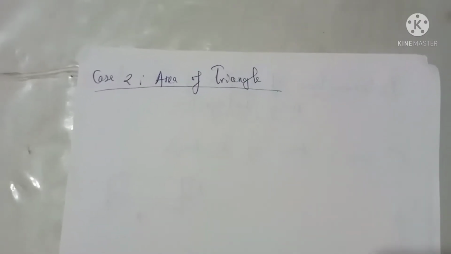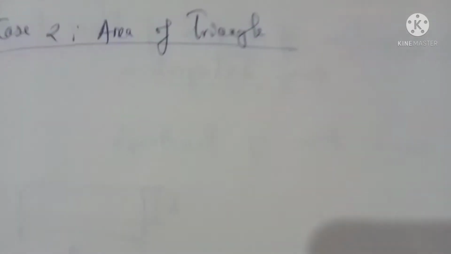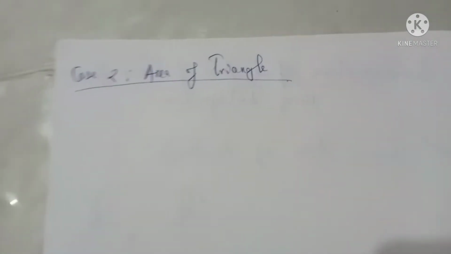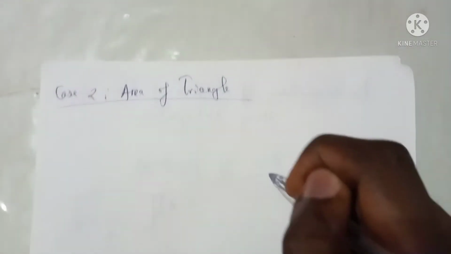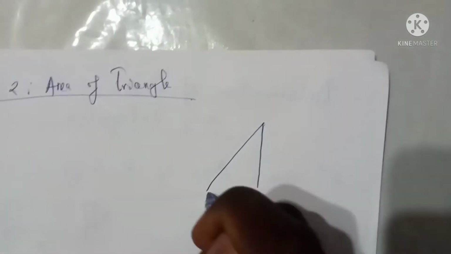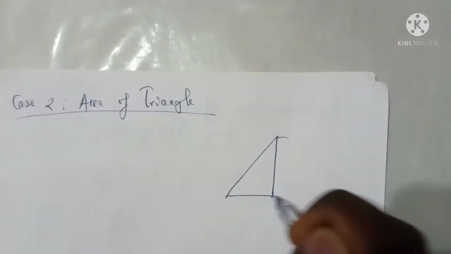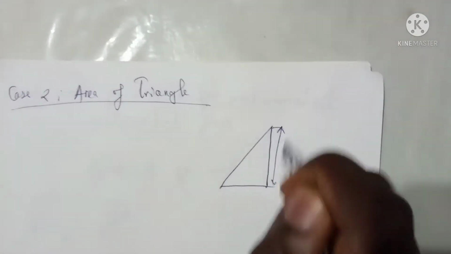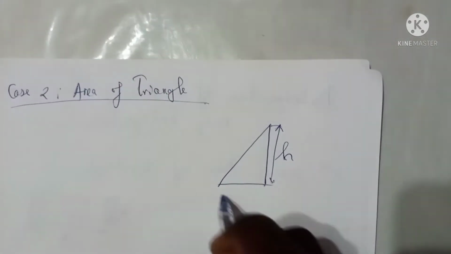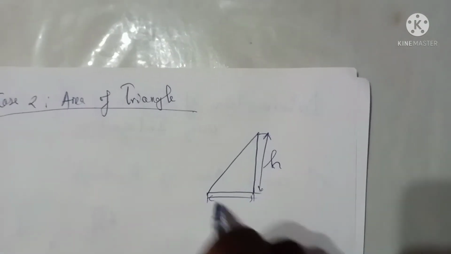For a triangle, it is a bit more complex than for a rectangle. We are taking a right angle triangle, please. Something like this, where we have a certain height and a certain base.